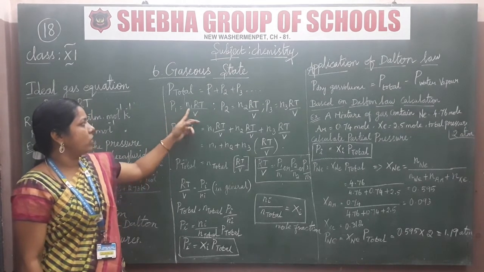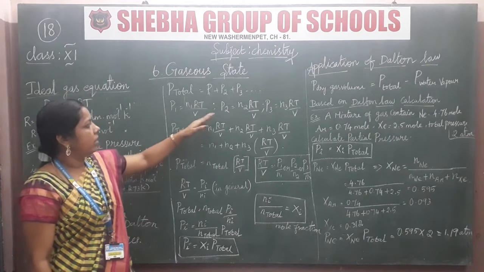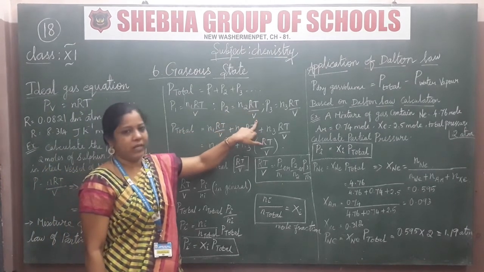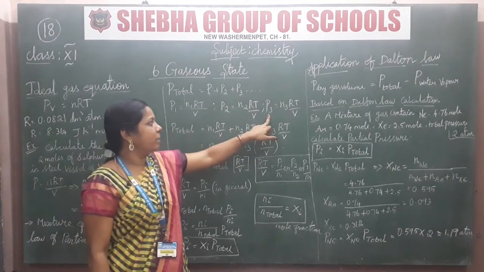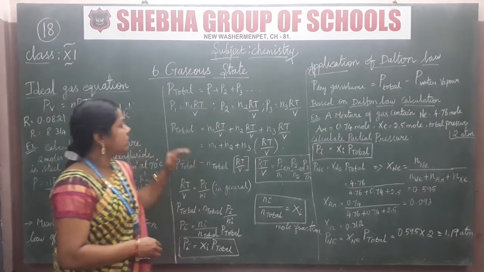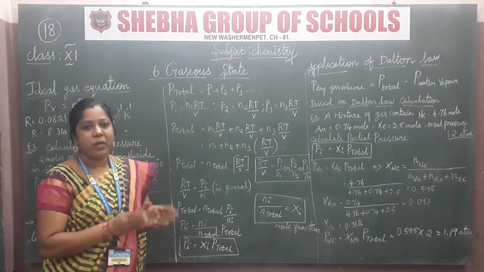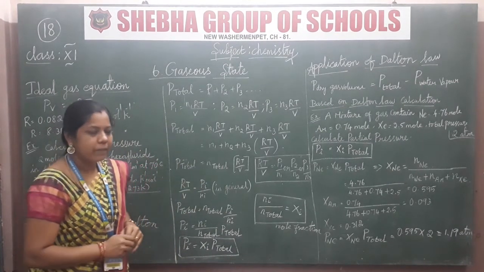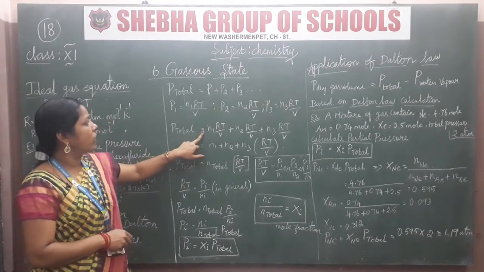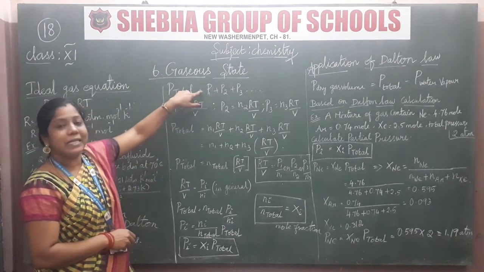P1 is equal to N1 RT by V. Likewise, P2 is equal to N2 RT by V, and P3 is equal to N3 RT by V. So these are the values of P1, P2, P3. Can you understand? Yes. Next, P total is equal to, we have to substitute from this formula.